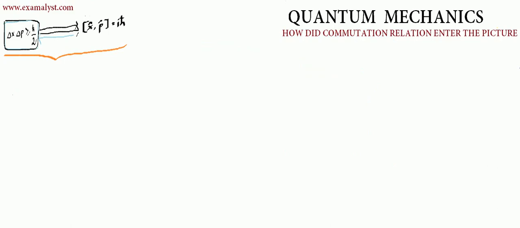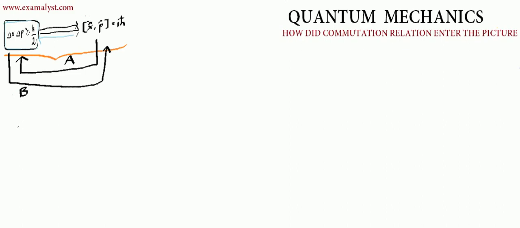Okay, so how to start? We start as follows. Now there are two ways to start actually. Either you assume this is true and you prove this, or you assume Heisenberg uncertainty is true and you prove this. So road A is assuming the commutator as true and proving the Heisenberg uncertainty principle, and road B is assuming the Heisenberg uncertainty as true and reaching the commutator relation.